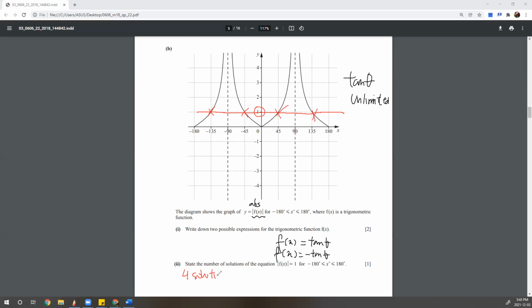The question is just asking you for the number of solutions, 4 solutions. If you are asked what is the value of x when y equals 1, I will give you the additional answers: negative 135, negative 45, 45, and 135, if they are asking you this. Okay.